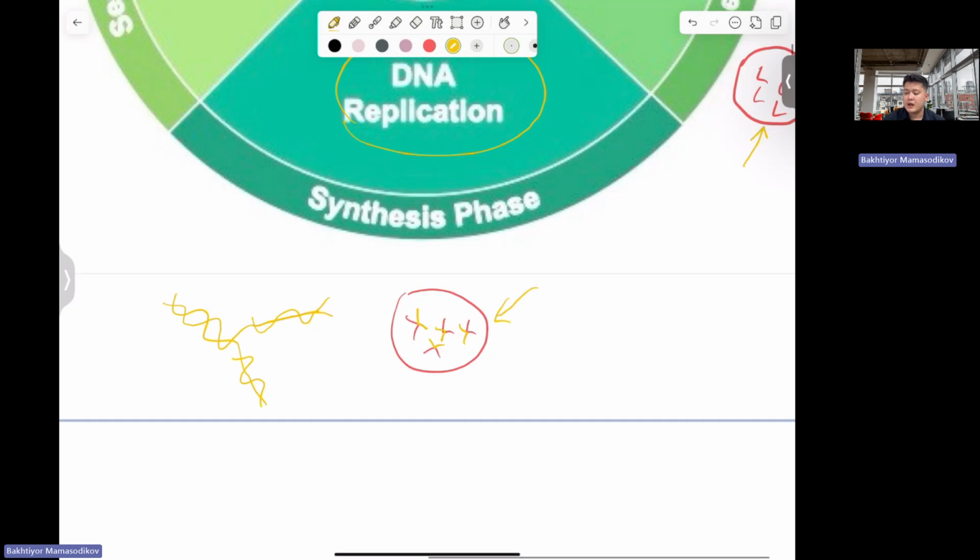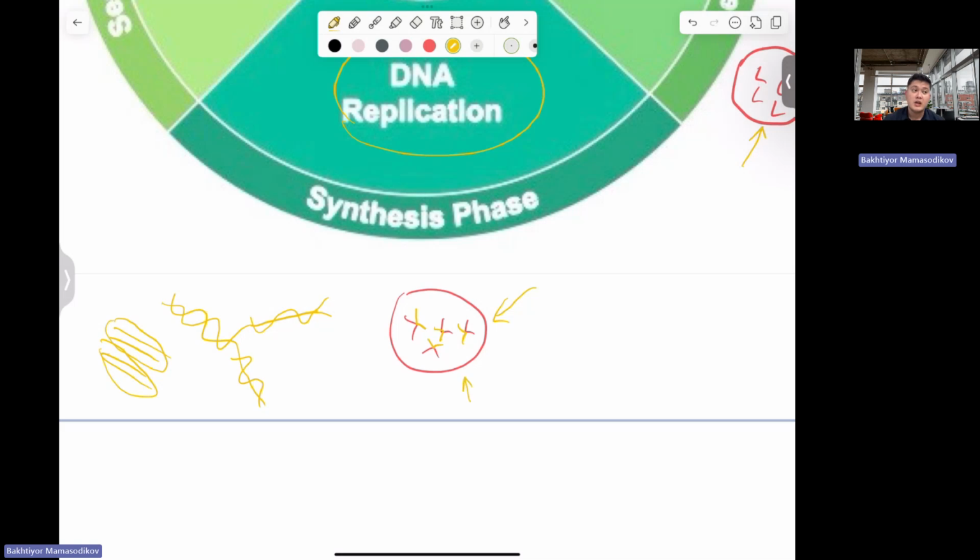The DNA molecule fully opens and we now have two DNAs. As we increase the number of DNAs, we increase the number of chromatids. From one chromatid, we make a second exact copy. So the chromosome now has two chromatids, which means two sister chromatids.